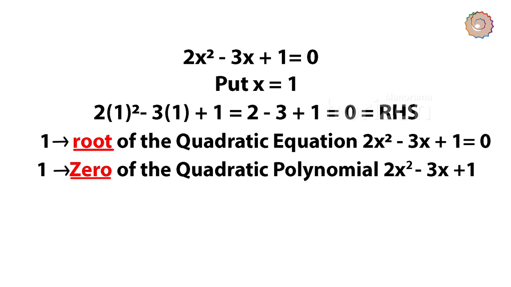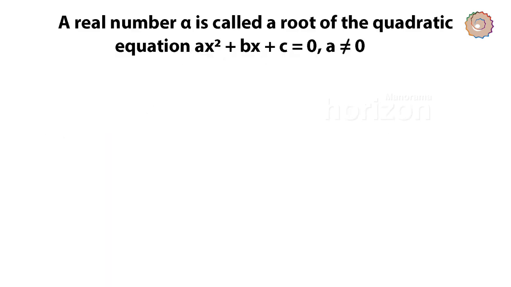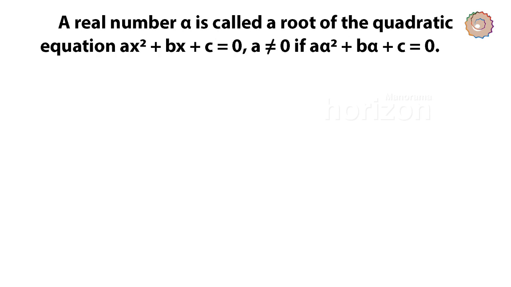In general, we can say that a real number alpha is called a root of the quadratic equation ax² + bx + c = 0, a not equal to 0, if a into alpha² + b into alpha + c = 0.